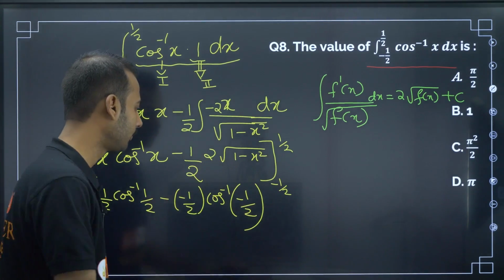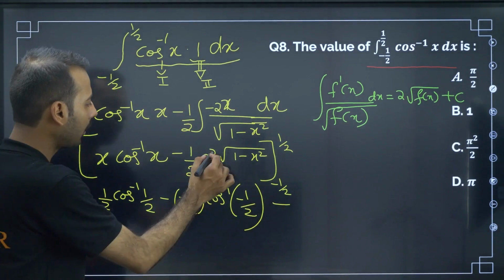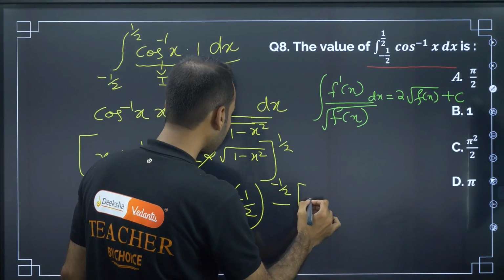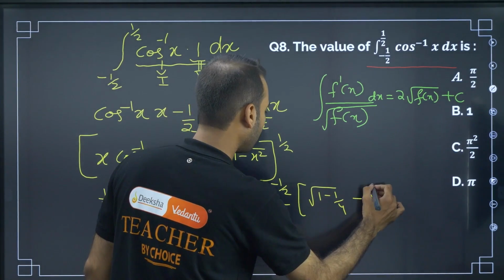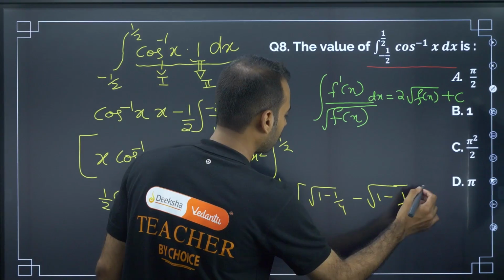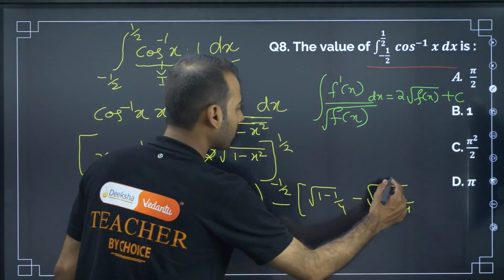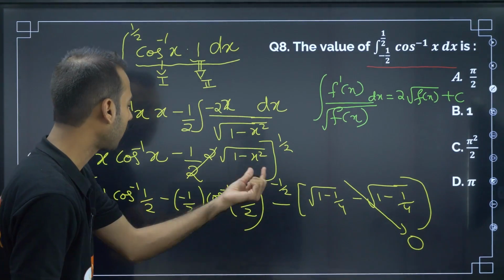Minus, for the first term minus lower limit, this 2 and this 2 will get cancelled, minus root of 1 minus 1 by 4 minus root of 1 minus x squared. If I place the lower limit in place of x, this entire term will become 0. Now you place 1 by 2 here, the lower term is 0.